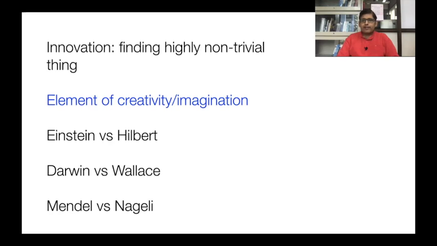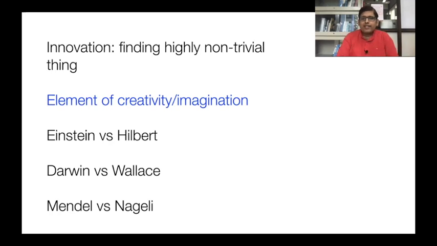Think about the context that I'm saying. You might have heard the story of Einstein versus Hilbert, Darwin versus Wallace, Mendel versus Nageli. So read about them, see how imagination, creativity, luck play some role in scientific discovery.